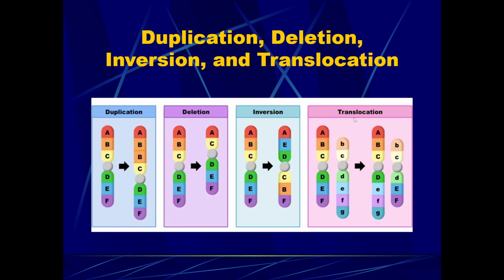And translocation is where we are going to see a shift of genes where pieces are changed. Here we see the lowercase f go into the longer chromosome and the capital F go into the shorter chromosome. And the same thing, we have that reverse for the E's.